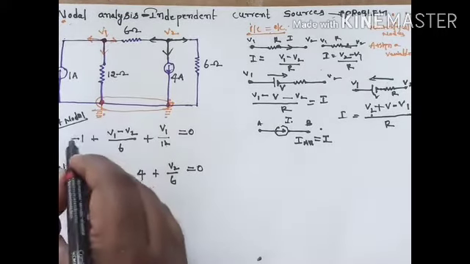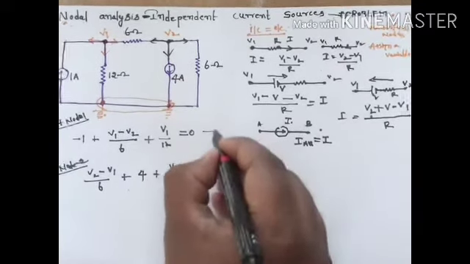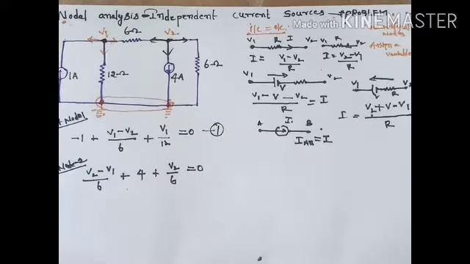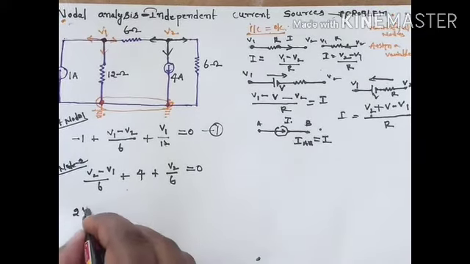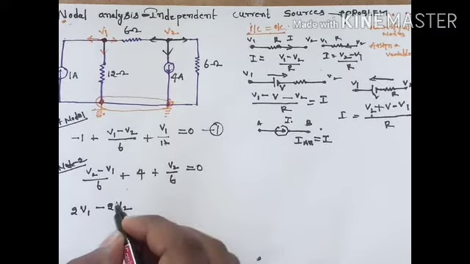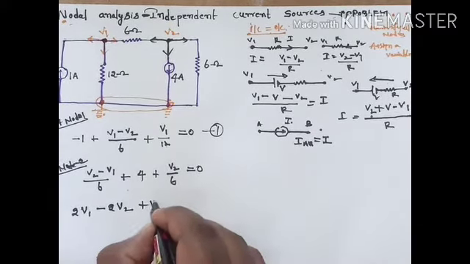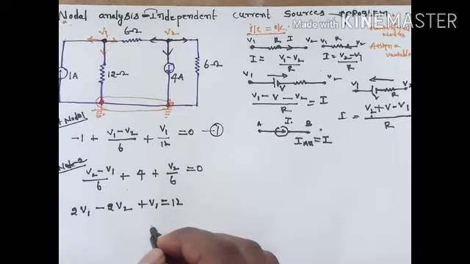So by solving this first equation, we will get 2V1 minus 2V2 plus V1 equals 12, right?